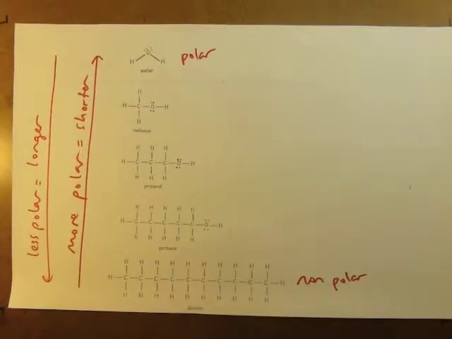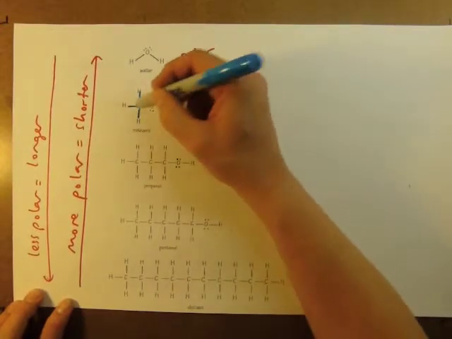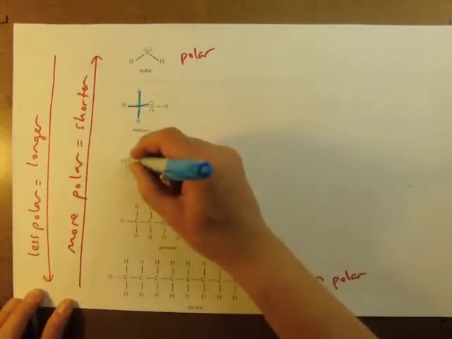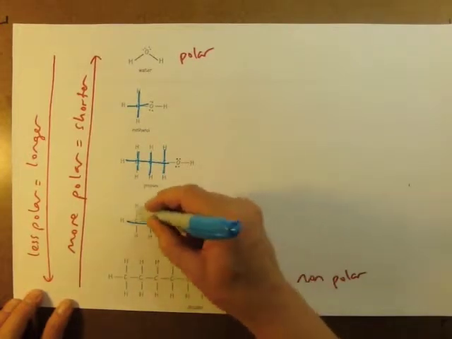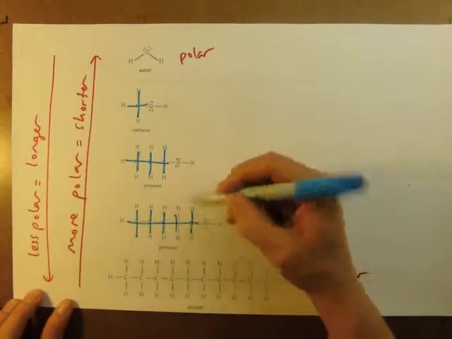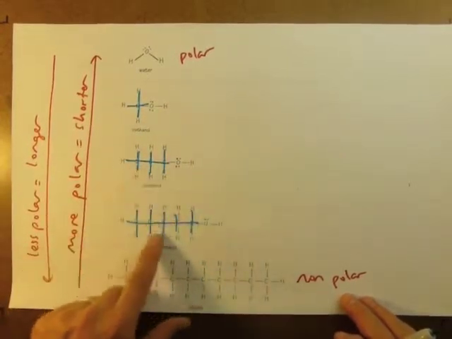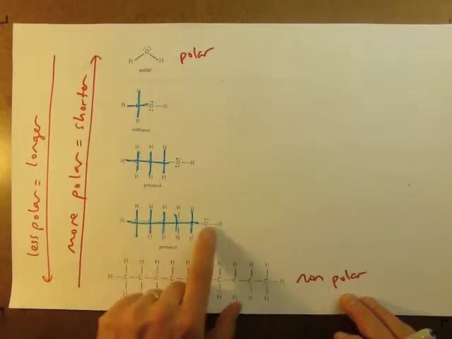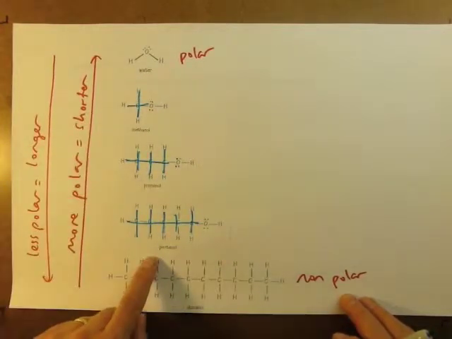Now, what part of the molecule is making that happen? Well, if you look at the part of the molecule that shows that symmetry that we were just looking at, right here, there's that symmetry. Right here, there's that symmetry. If I divide it down the middle, top and bottom, it's the same left and right, top and bottom. It's the same and the same. But the amount of the molecule that shows that symmetry is increasing as the molecule gets longer.